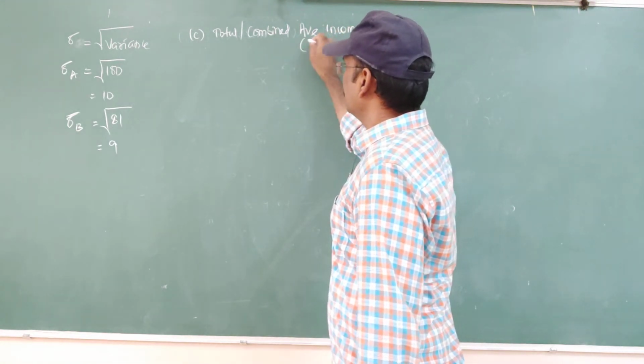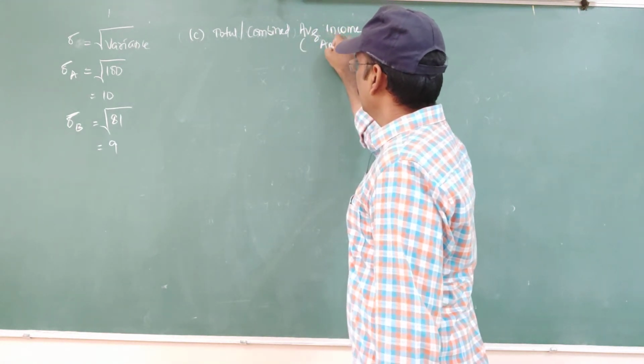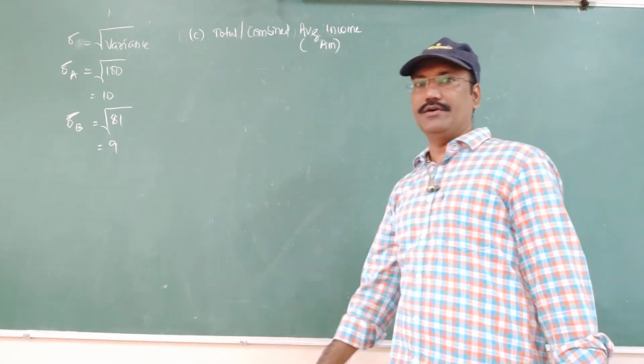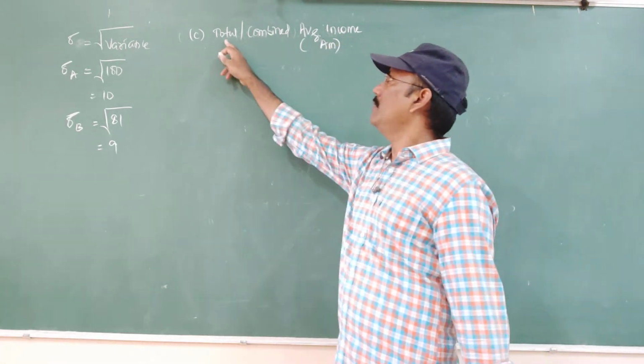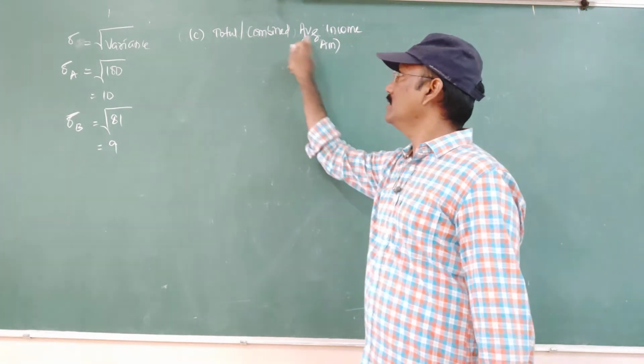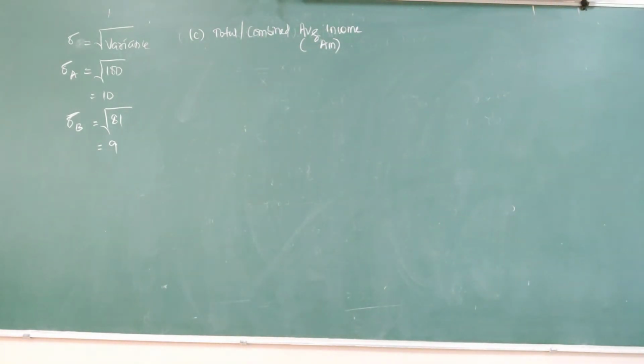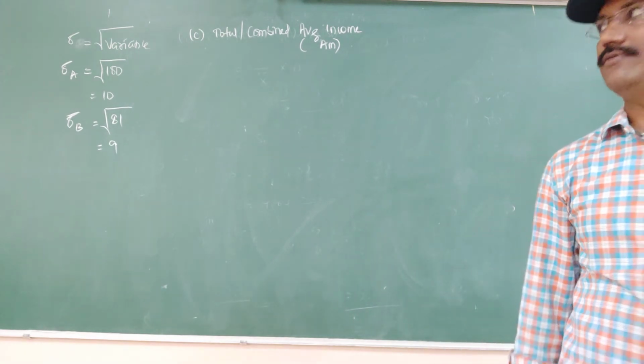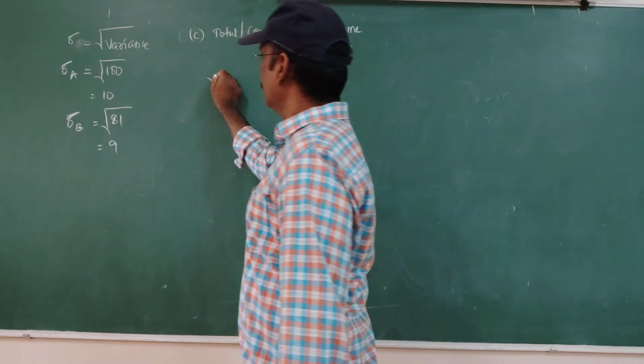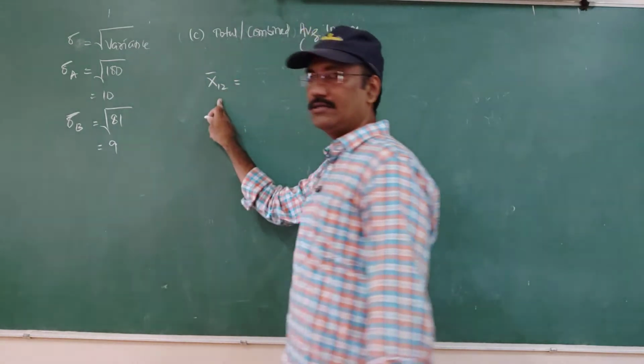This average income is nothing but, average means what? Arithmetic mean. Average means arithmetic mean, combined arithmetic mean or combined mean you have to find now. So what is the formula for combined arithmetic mean? The formula is like this: combined mean formula.